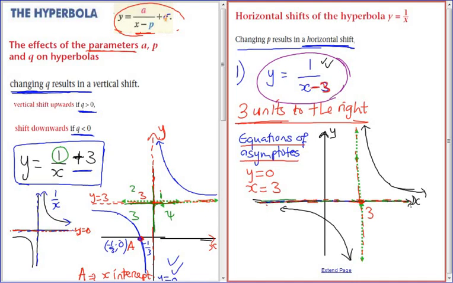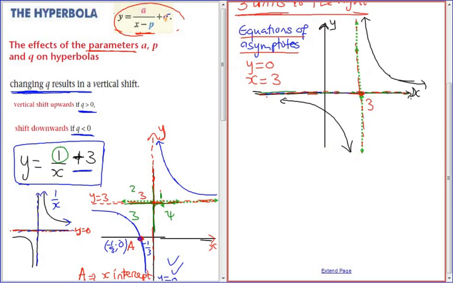So maybe you're wondering what will happen if I say, let's do this one, y equals 1 over x plus 2. Where do you think we have shifted this time around? Well, notice we have shifted 2 units to the left.